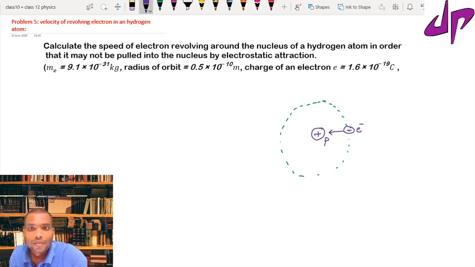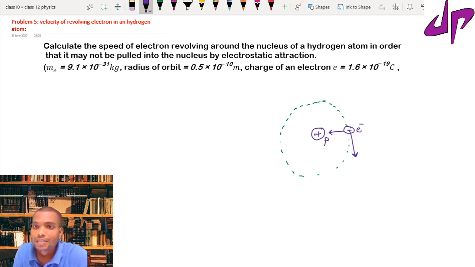But this force should be balanced by some other force. That's why the electron is not collapsing in the nucleus. So there is a force because of the revolution. So that force you might have guessed, that is the centripetal force.